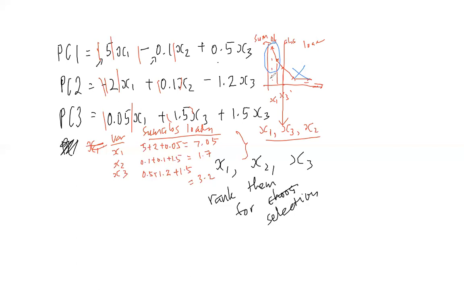Although generally it is used mostly as a variable reduction, dimension reduction tool, yes, you can apply it also for feature selection in this manner. At least this is the method that I know, and it's reasonable.